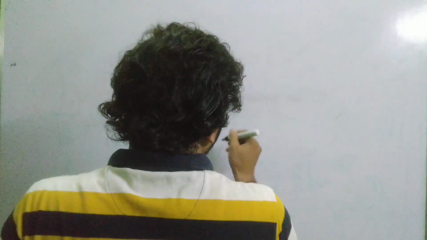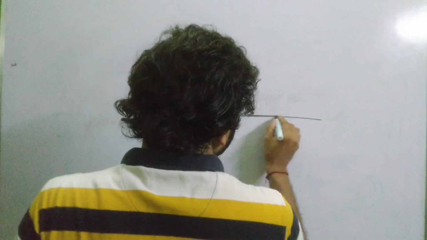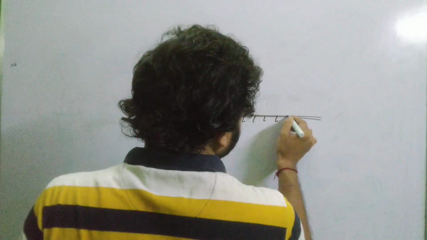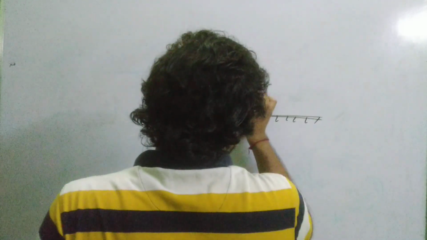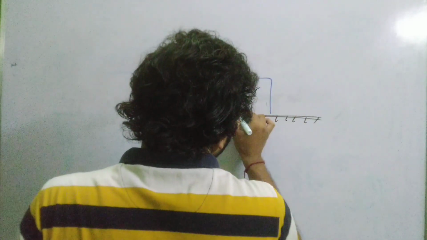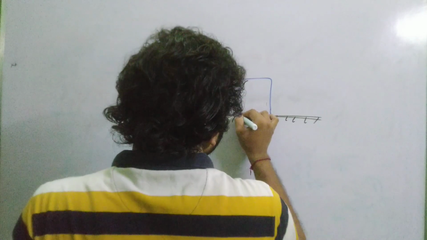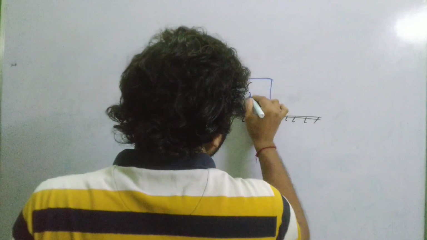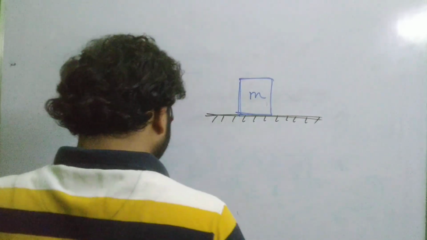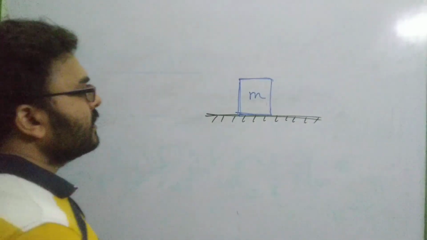Consider an object lying on the ground. So this is the ground surface, and the object of mass m is lying on this ground.